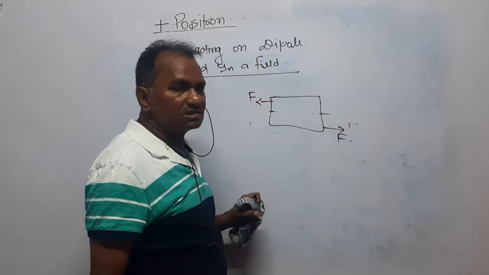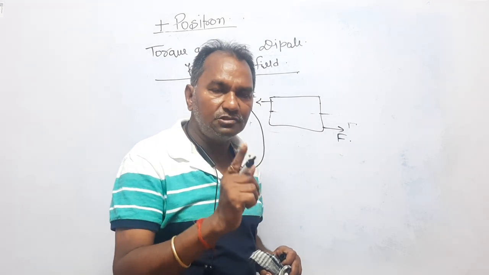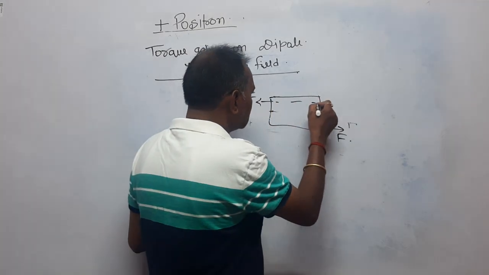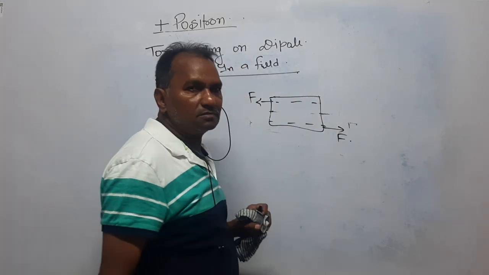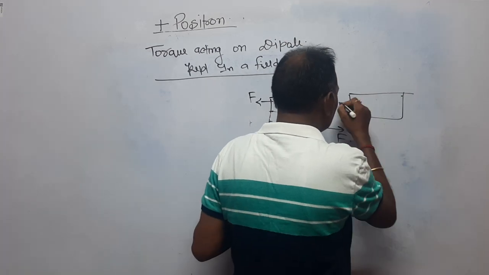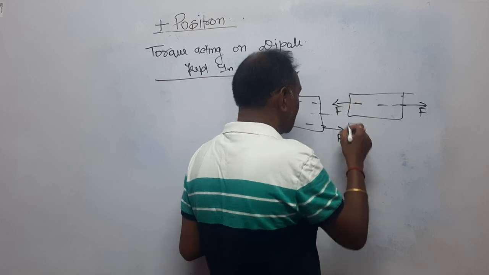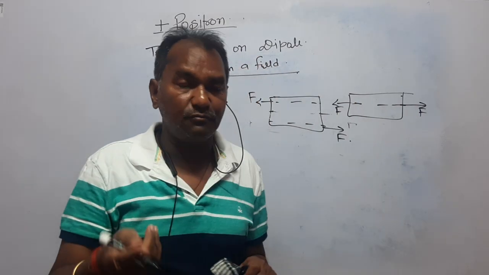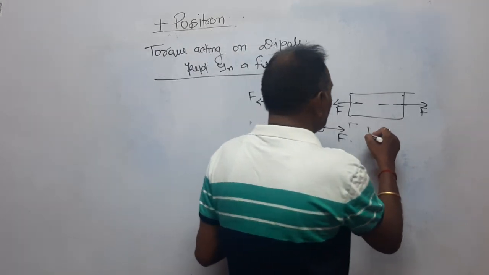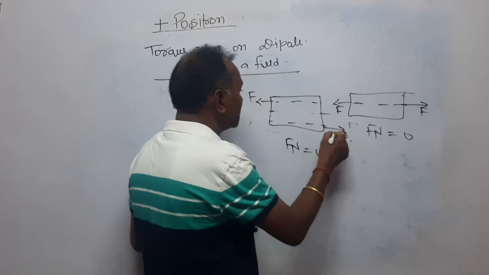Dear students, in this case, again, on a body, two forces equal in magnitude and opposite in direction are acting, but here the line of action is parallel. In the previous case, the two forces were acting like this and their line of action was the same. In this case, net force is 0. Even in this case, net force is 0, that is F minus F.